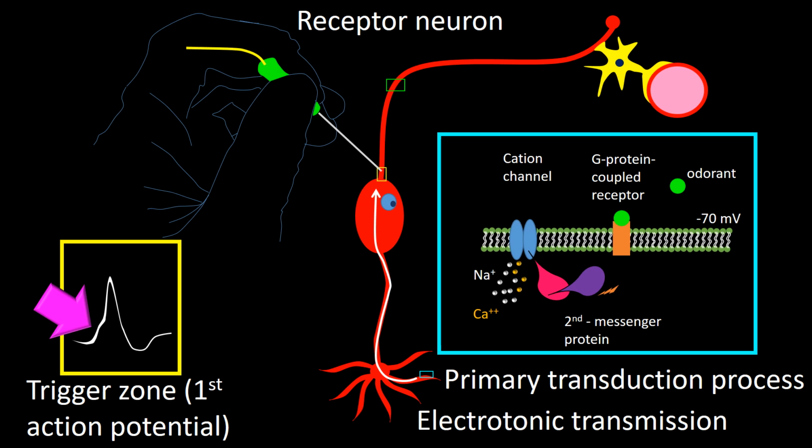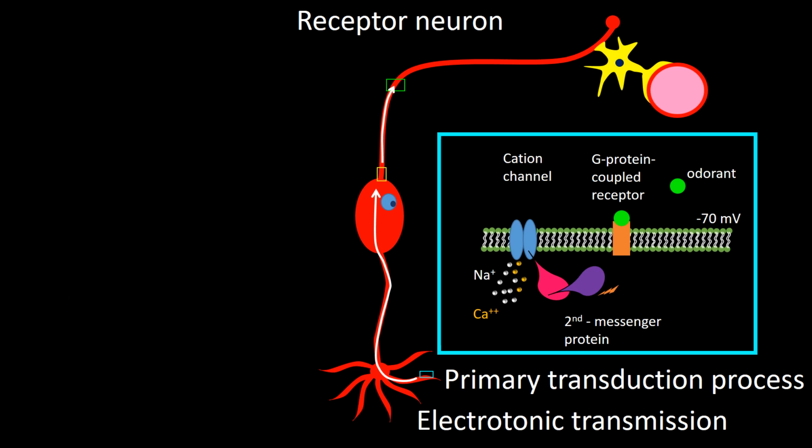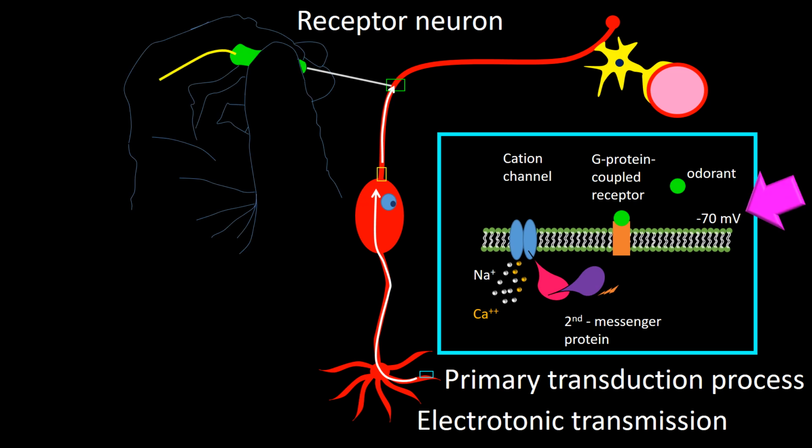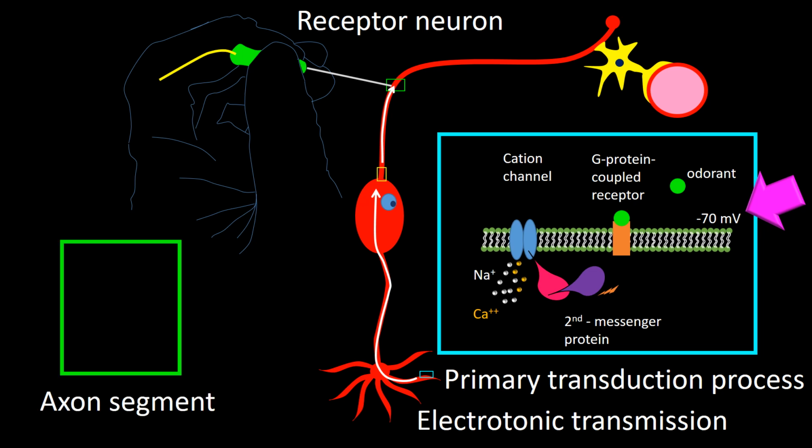Once the first action potential is generated, the current created by the first action potential propagates electrotonically from one contiguous patch of axon to the next. Were we then to have placed a needle distally in the axon, as illustrated here, the advancing current will produce an action potential generated in the membrane patch under the electrode.